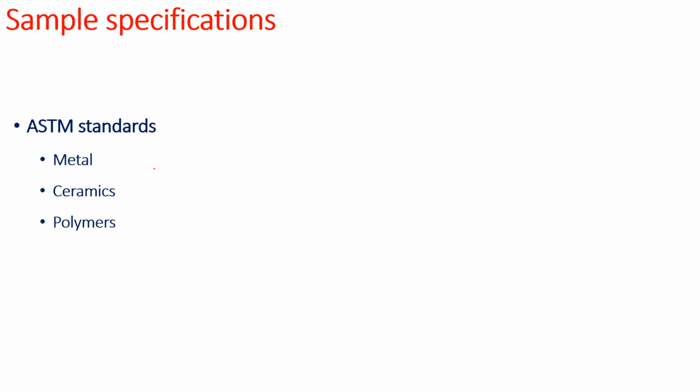steel and person two is doing a measurement on another sample of steel, the properties of the same material, let's say stainless 304, will remain the same, or should remain the same. The only difference one can get is if there are differences in the chemical composition of the sample or in the geometric shapes of the sample, or if the standards are not adhered to.